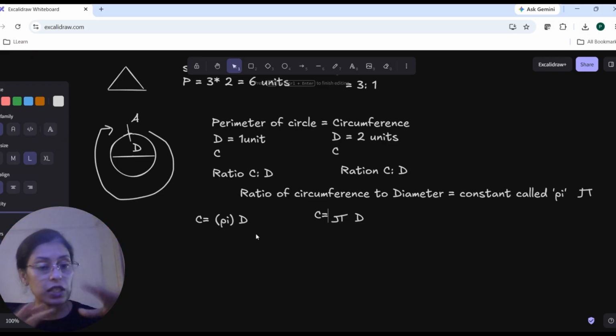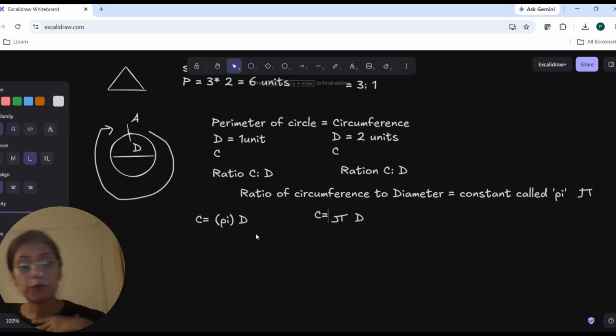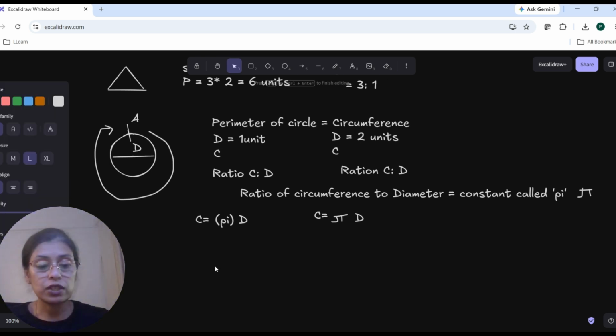So now there is a lot of history behind how so many different mathematicians tried out different methods to find out what exactly is the value of pi. Okay, so they found a lot of different values, and finally they came to the conclusion that the value of pi is approximately 3.14.